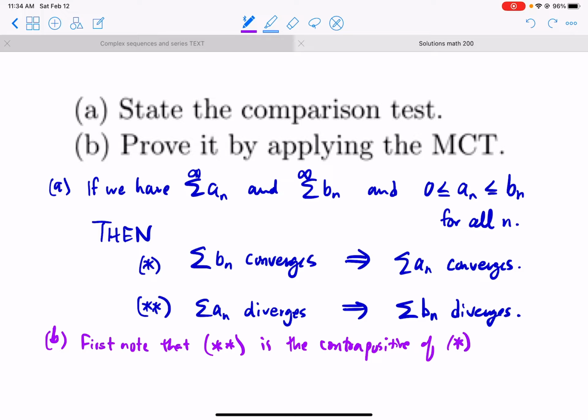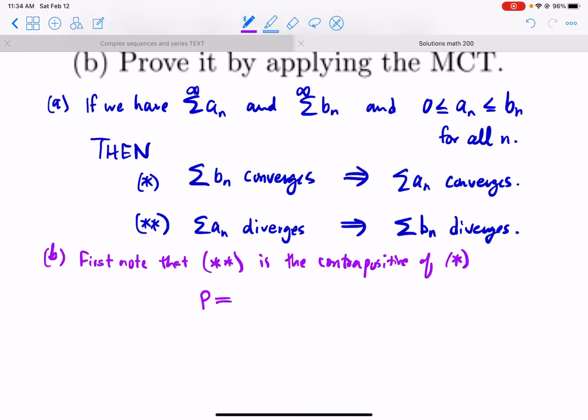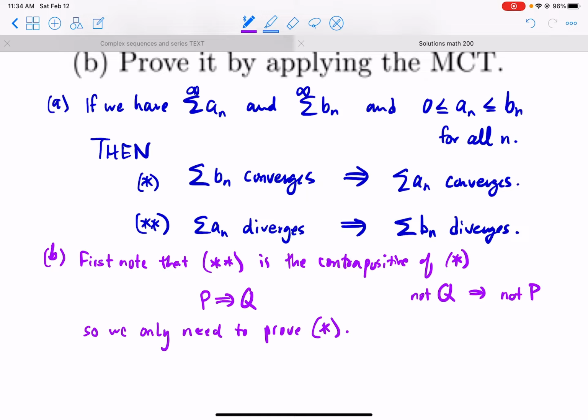You do need to know that this is the case. So in other words, if 2 is the statement P implies Q, then 1 is the statement that not Q implies not P. Okay, and these are logically equivalent. And so what's the punchline? So we only need to prove the first statement. If we prove the first statement, automatically we have proved the second statement too, because they are logically equivalent.